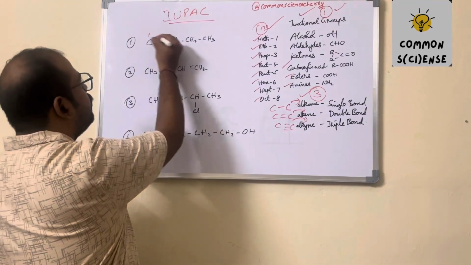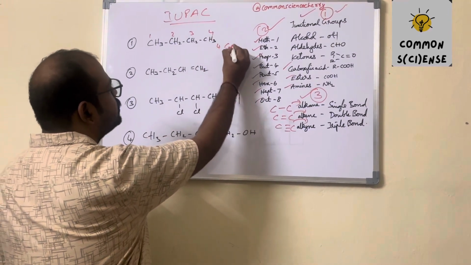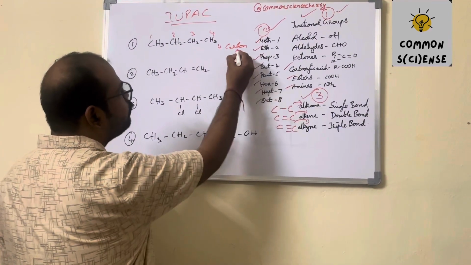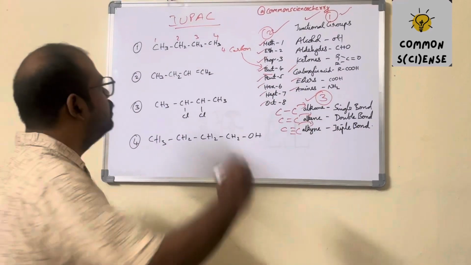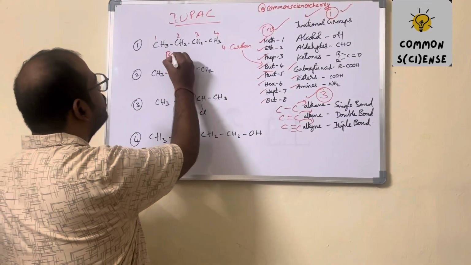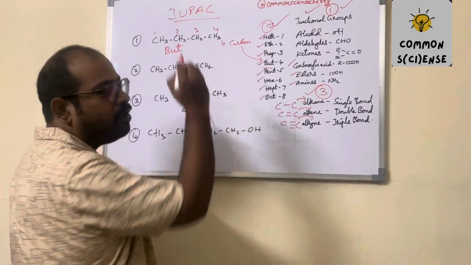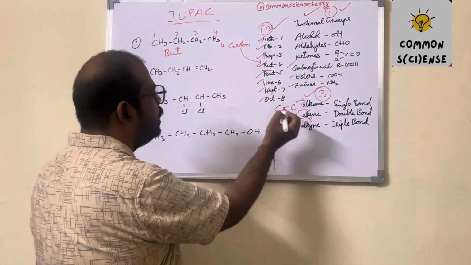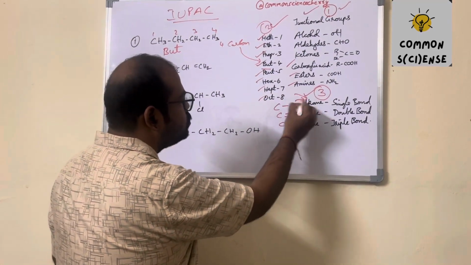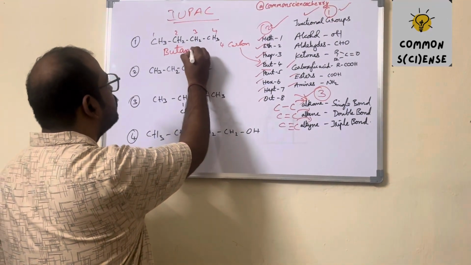If you count here 1, 2, 3, 4, so 4 carbons are existing. If it contains 4 carbons, it starts with the name but. Does it contain single bond, double bond, or triple bond? If you see here, it consists of a single bond, so it belongs to ane. So the name is butane.